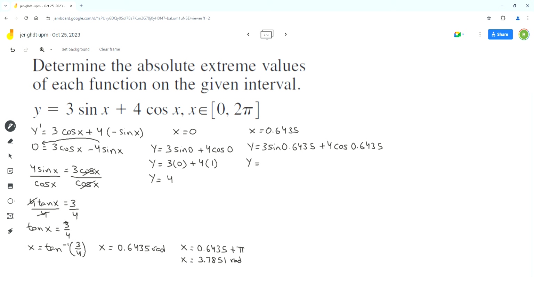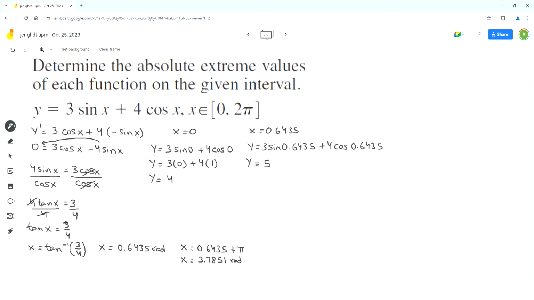Now we can evaluate this expression. So 3 times sine 0.6435. Now for this calculation, your calculator should be in radian mode. Plus 4 times cos of 0.6435. So I got 5.